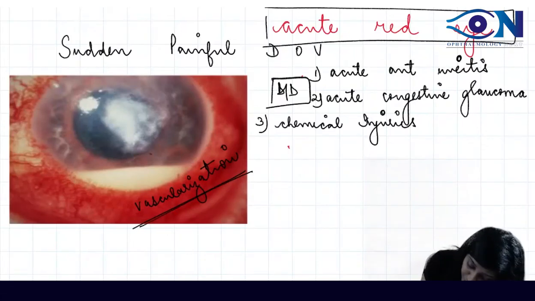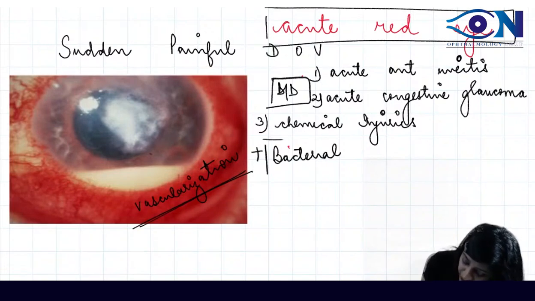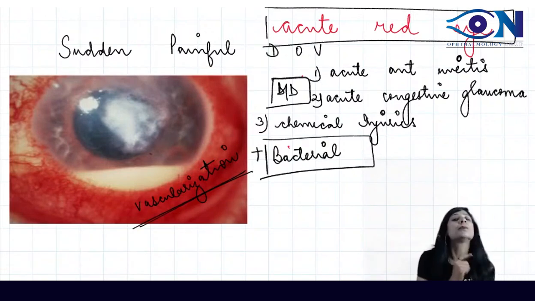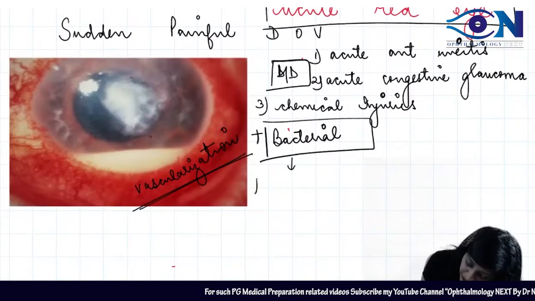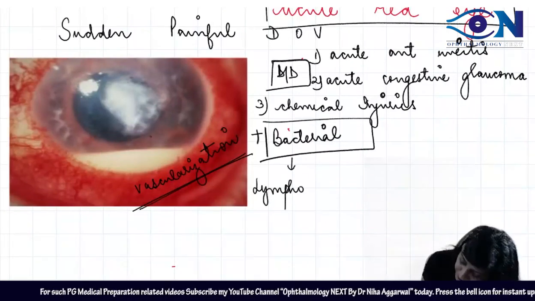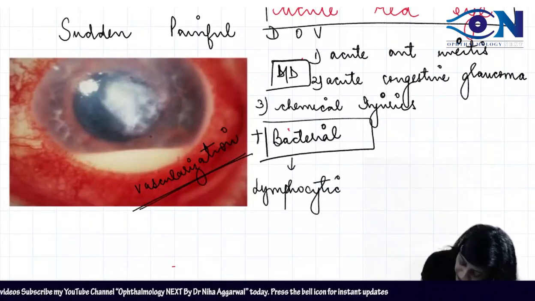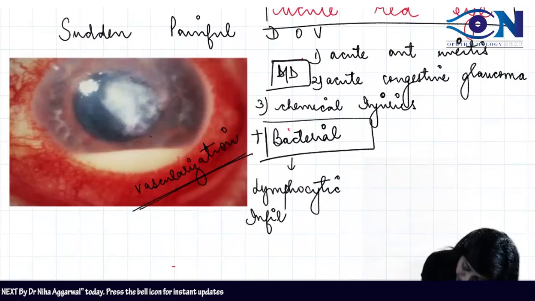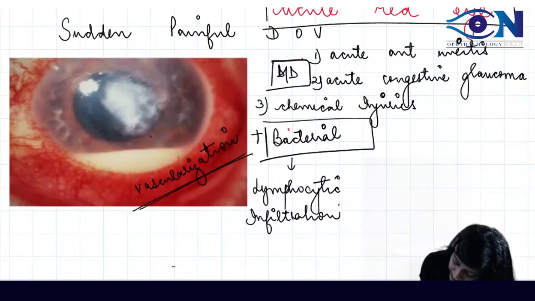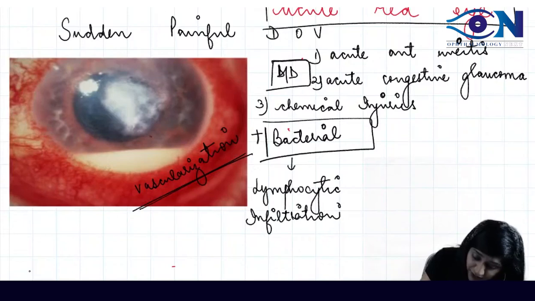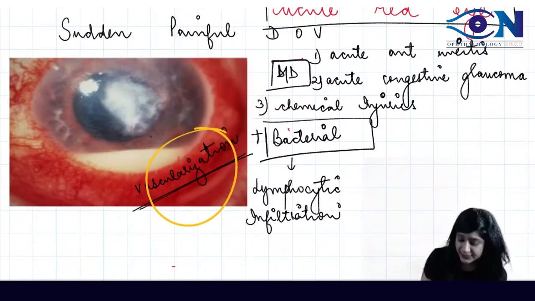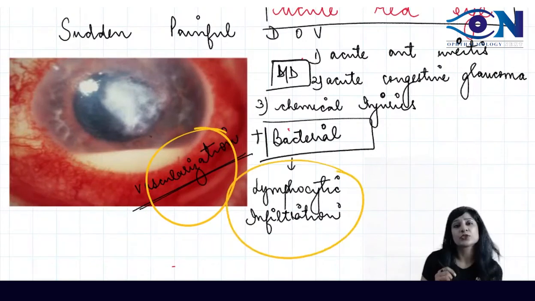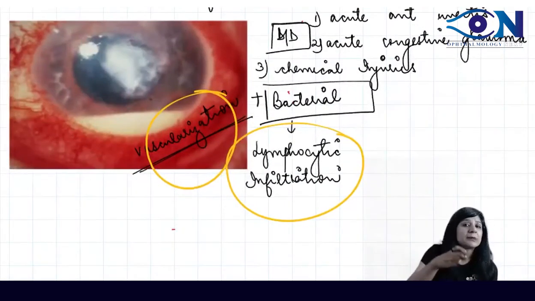Plus, whenever we have the bacterial response, whenever I will have this bacterial infection, what is the most common thing you will have? That is pure pathology. You will have the lymphocytic infiltration. Now try to understand, if I have the vascularization and I have lymphocytes also, then obviously it can go deeper and deeper.